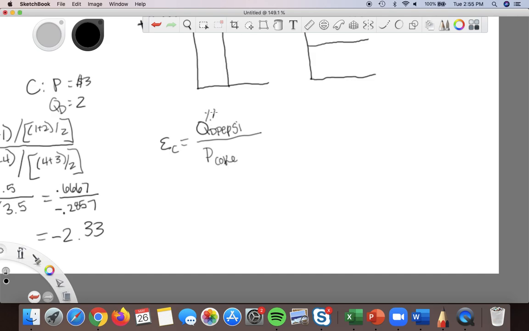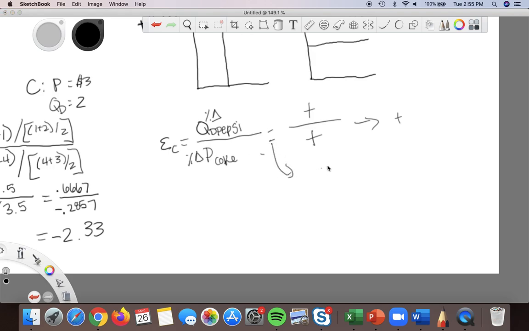So this is the percentage change in Pepsi, and this is the percentage change in the price of Coke. If these two are substitutes, if the price of Coke goes up, I buy more of the alternative, Pepsi. Positive number over positive number spits out a positive number for cross-price elasticity.